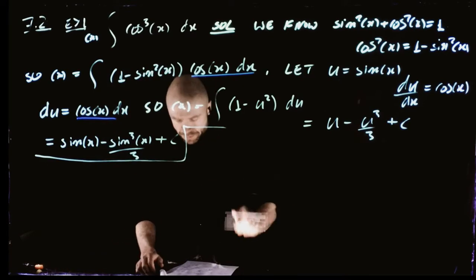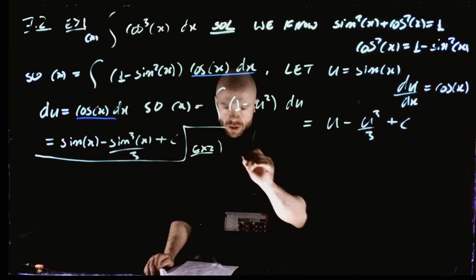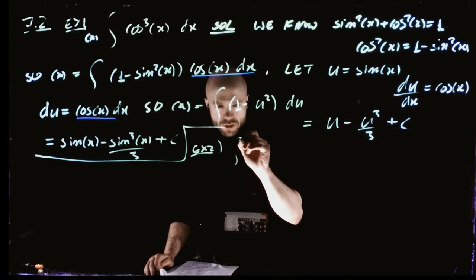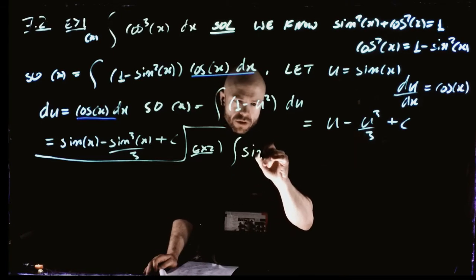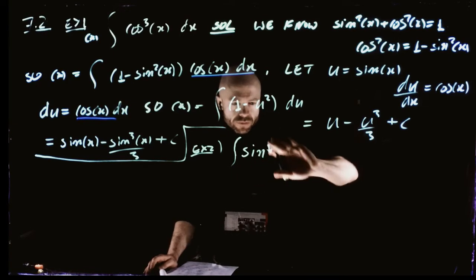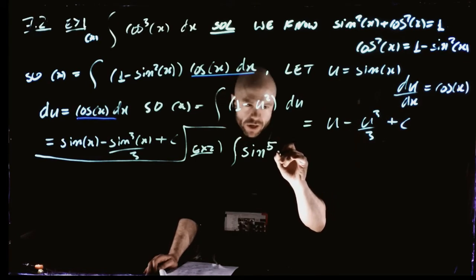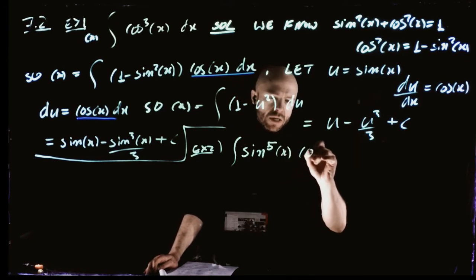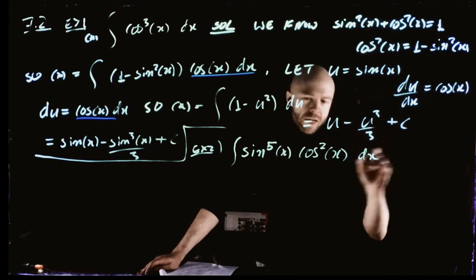Now, what about this? This is example 2. Now we're going to have sine to the power 5 of x and cosine squared of x dx.